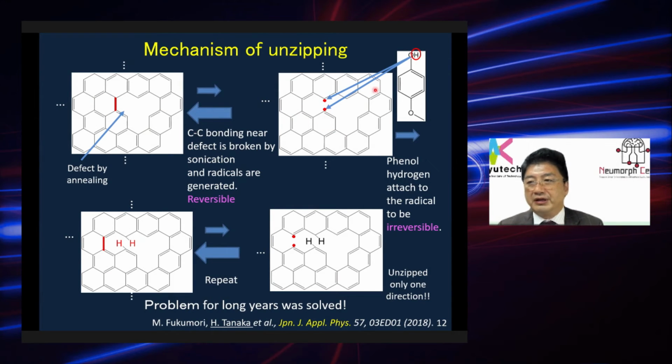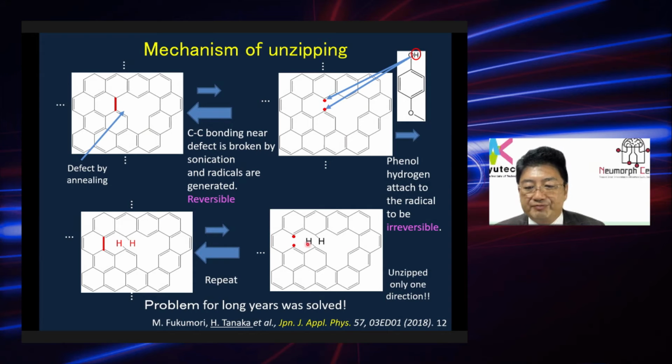So if the radical from the H plus, the proton radical, comes from the molecule to attach here, it becomes a bonded structure and cannot reverse to the CC bonding.